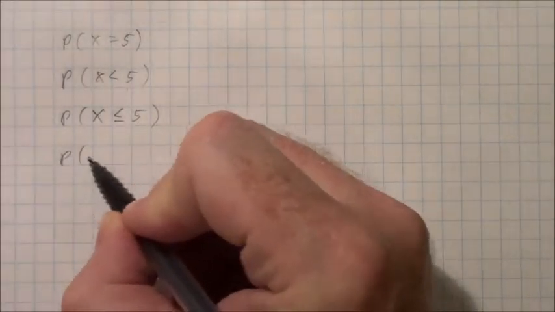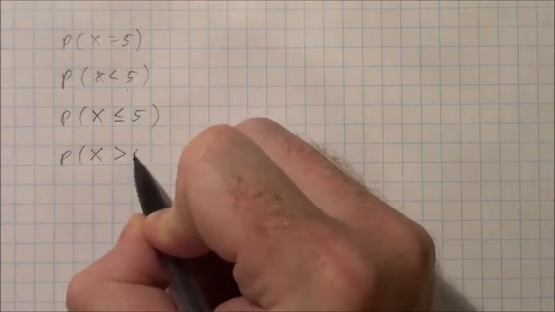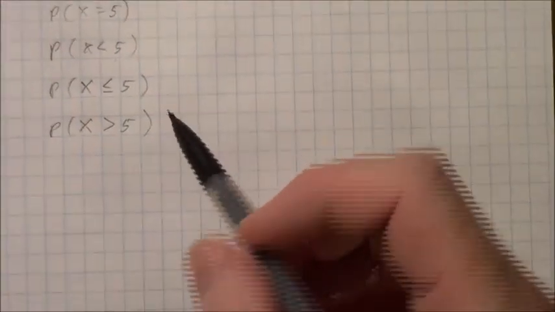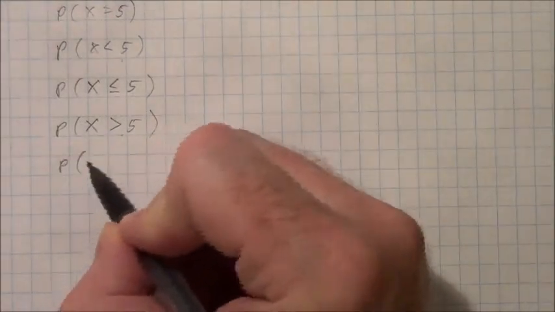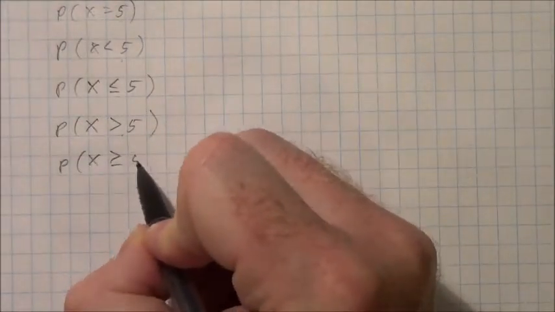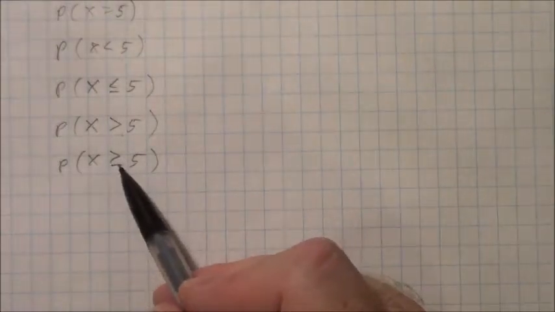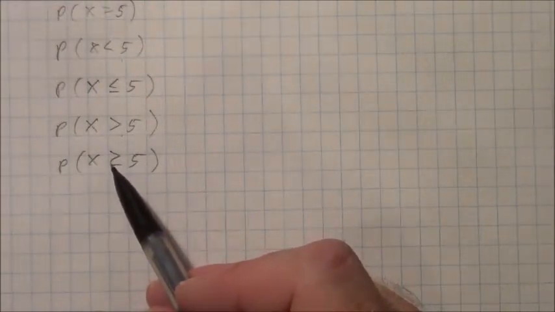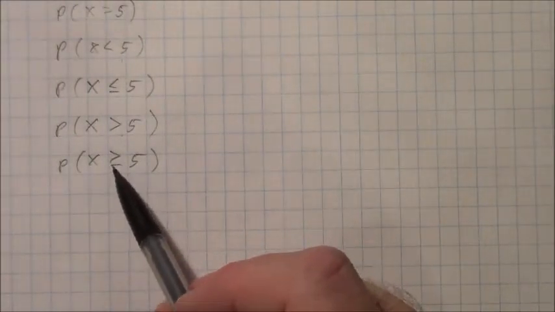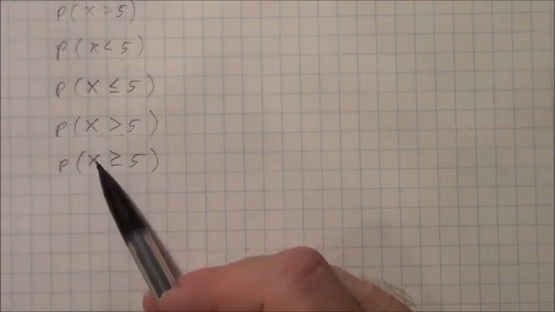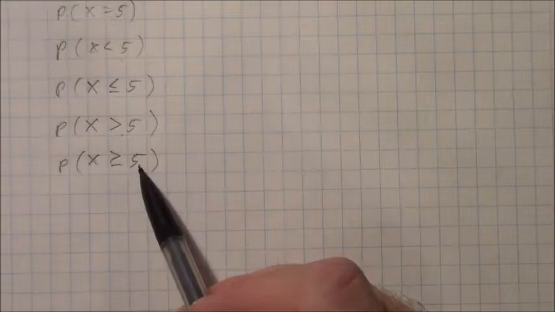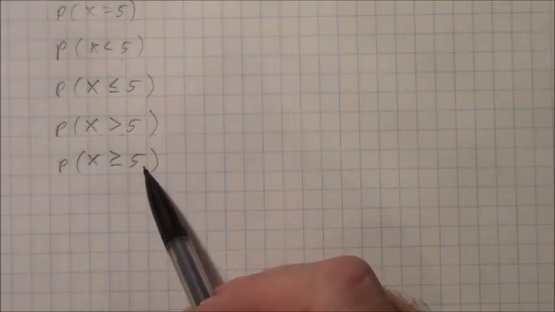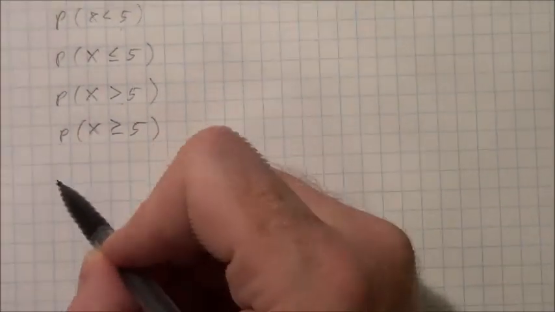Then we go to the other side, x is greater than 5. That's fairly self-explanatory. Then the probability that x is greater than or equal to 5: it's equal to or greater than 5, so it cannot be less than that. So this means that x is at least 5, but can also be greater.